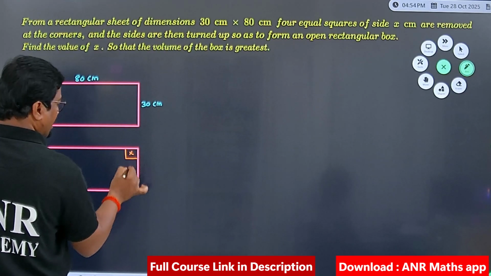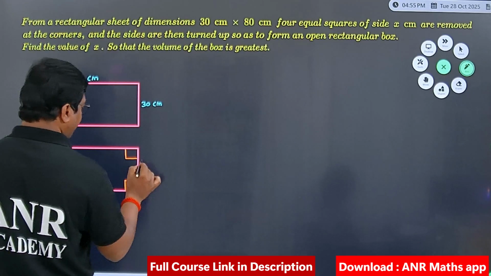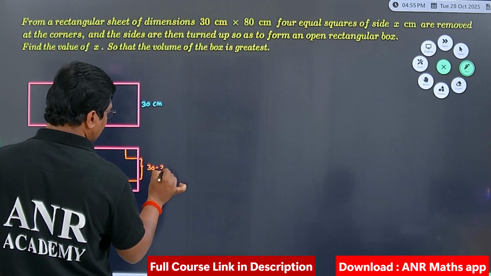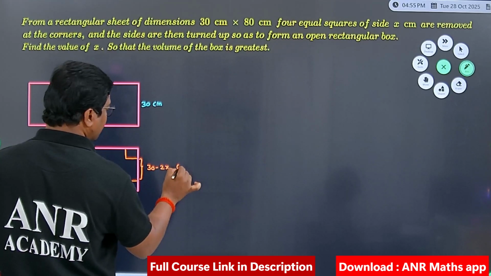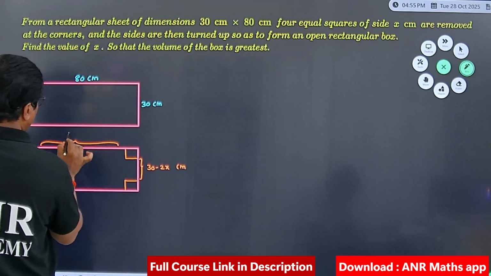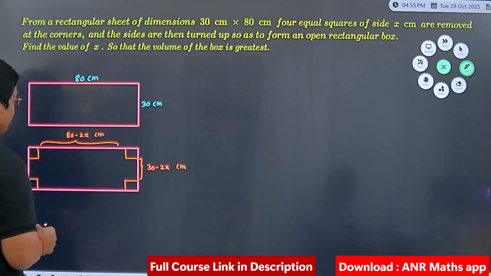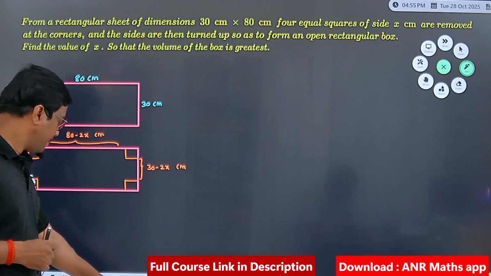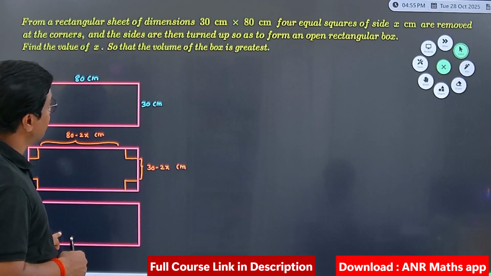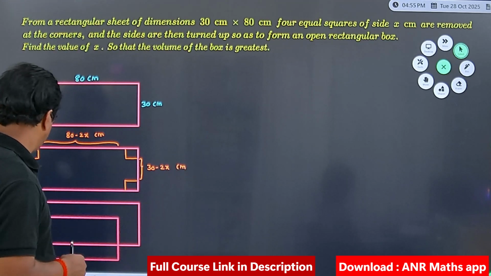When you remove 4 corners, then it becomes 30 minus 2x centimeters, and length become 80 minus 2x centimeters, and after that it is formed as open rectangular box.